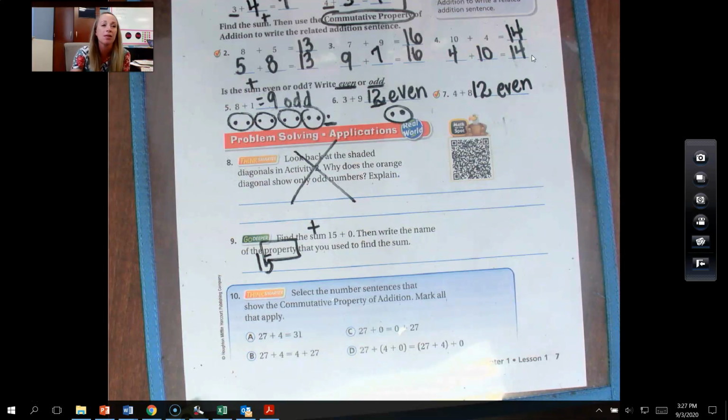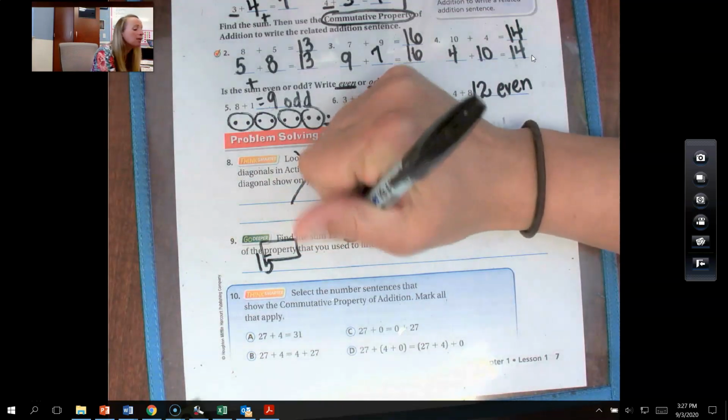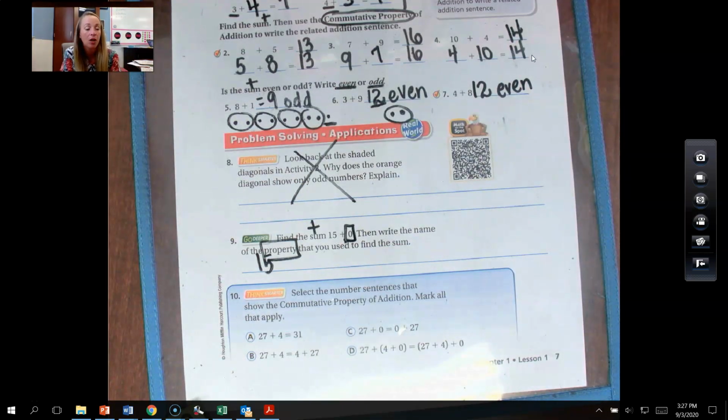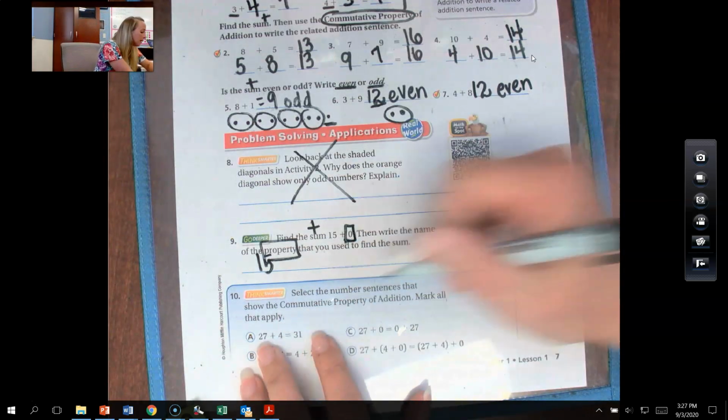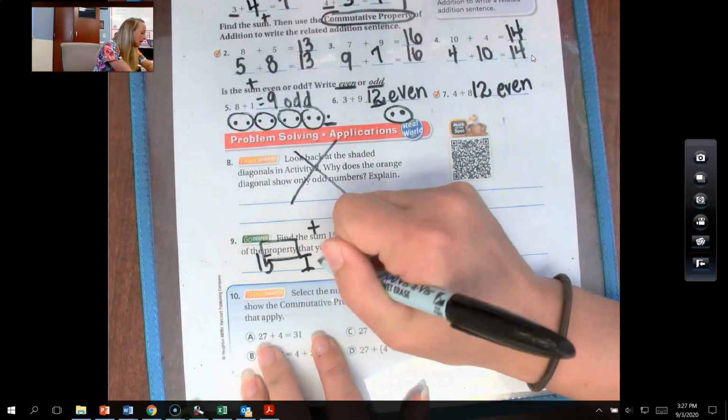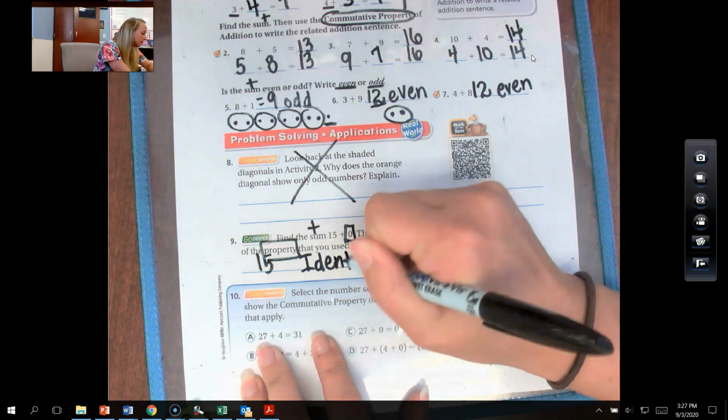A property is either commutative or the identity property. Which one has a 0 in it? Is it the commutative property or the identity property? Well, commutative means to flip-flop. Identity means that there is a 0 in the problem. So my answer would be identity.